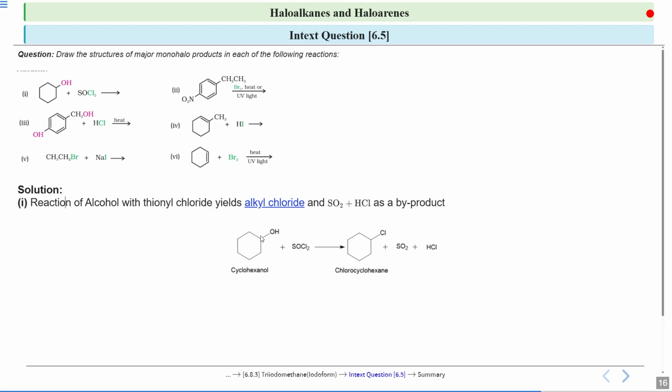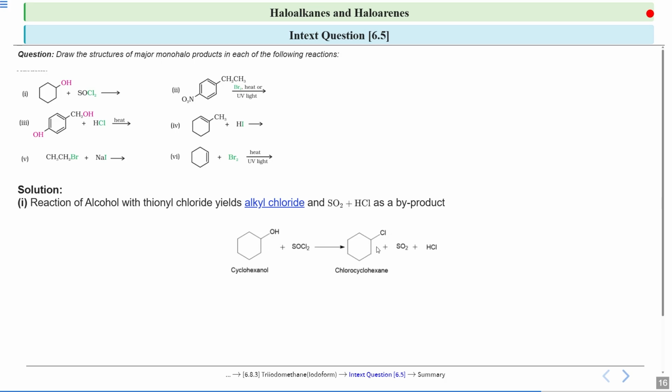And then what will happen? The SO2Cl, S double bond O, Cl, and one bond is bonded with O minus. That O minus charge will go over the sulfur to form the double bond with the sulfur, and the chlorine attached to the sulfur will be removed and attack the carbocation just formed.